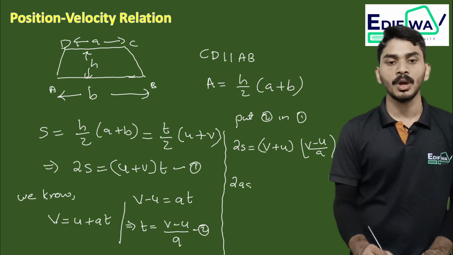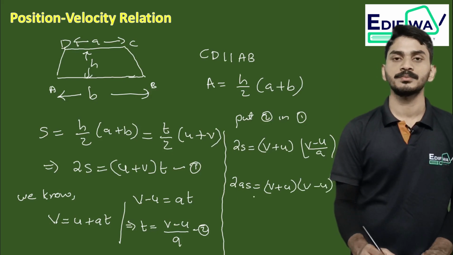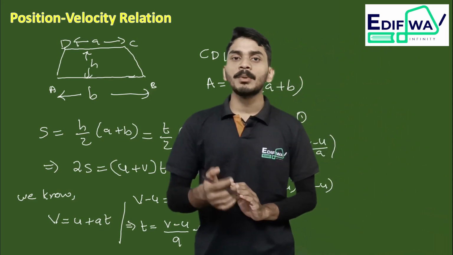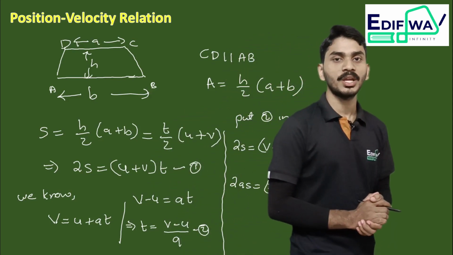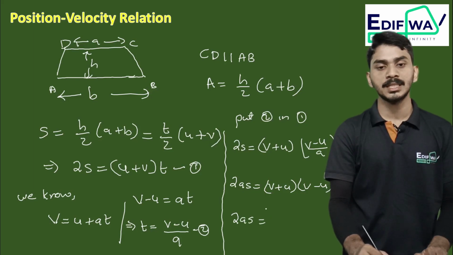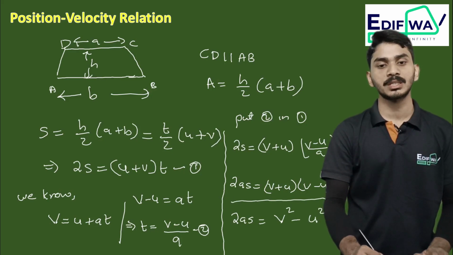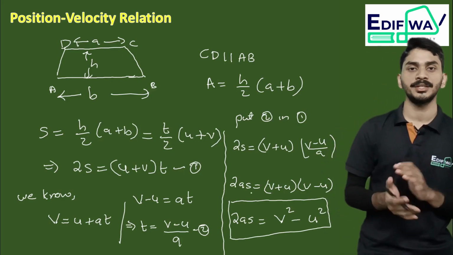So we get 2AS is equal to V plus U into V minus U. Alright? Do you remember the identity? A plus B into A minus B is equal to A square minus B square. So let's apply that here. We write 2AS is equal to A square is V square and B square will be U square. Clear? So this equation is called the position velocity relation.